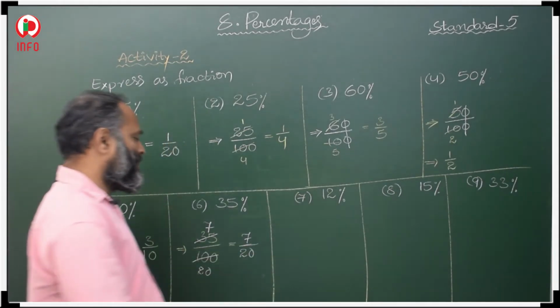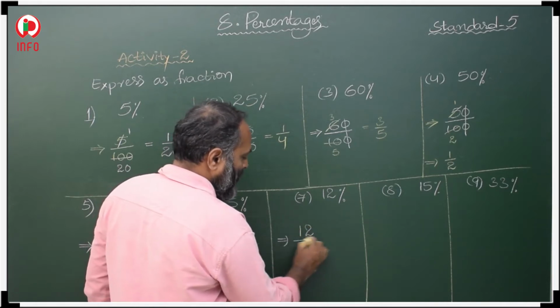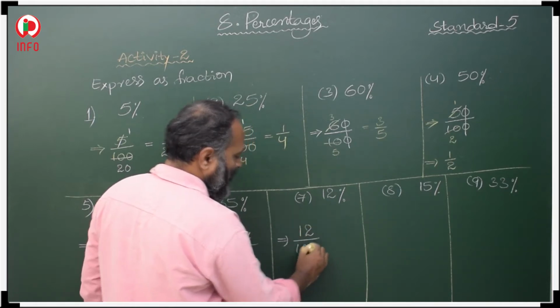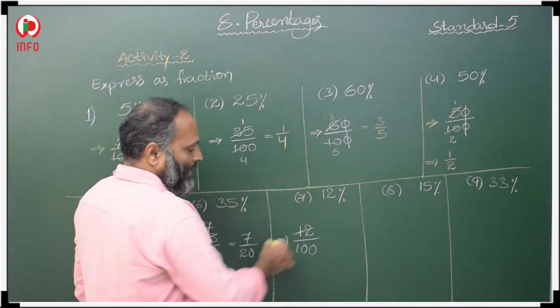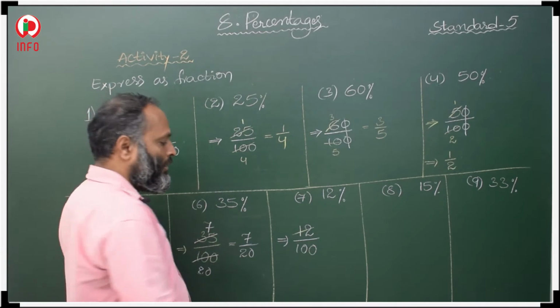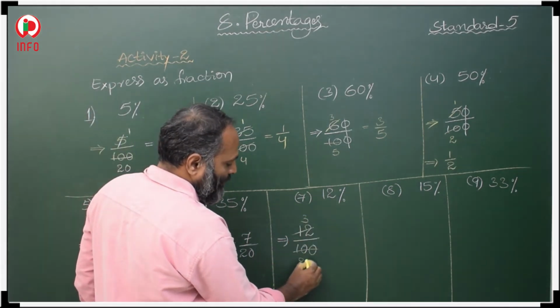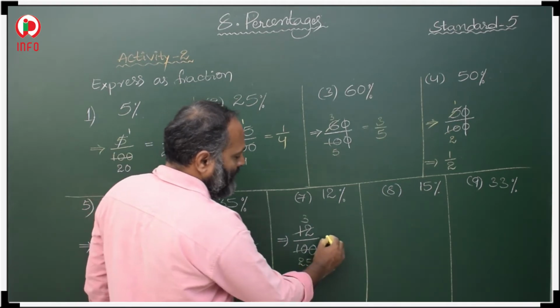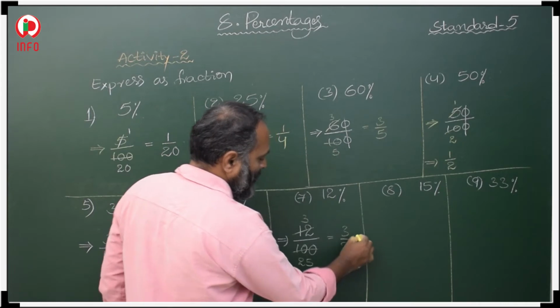Now 12%, which means 12 by 100. These two cancel in the 4 table. 4 threes are 12, 4 twenty-fives are 100. Then the simplified answer is 3 by 25.